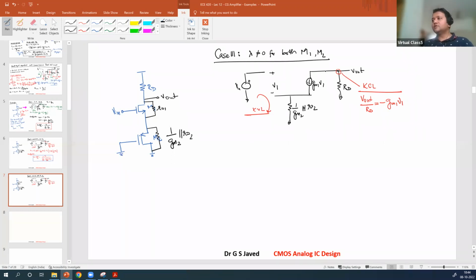Along with this R0, you will get another GMB V1. So this is the other factor, and here you will get RO2 present here. So what is that value?